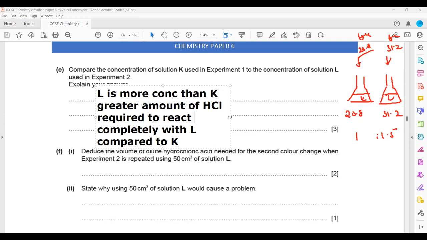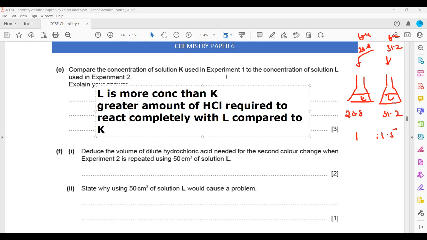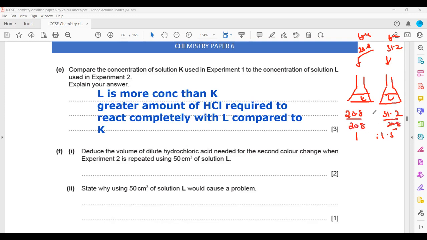And how do you score the 3rd mark? You can just compare the volume ratio. How can you do it? You divide by the same number. For example, if I divide both of them by 20.8, the smallest number in the ratio, I'll get the simplest ratio.